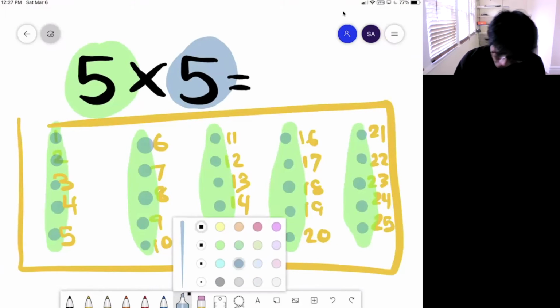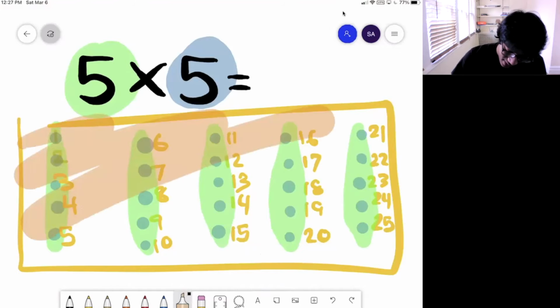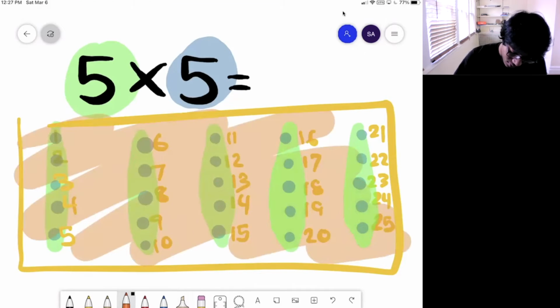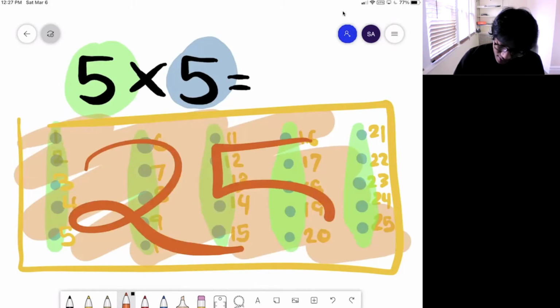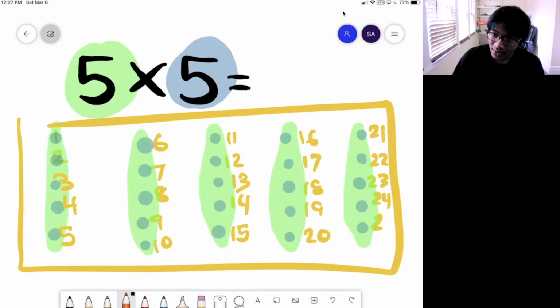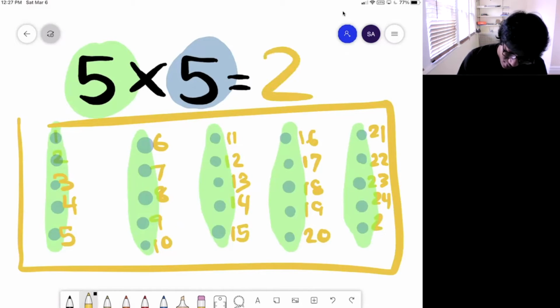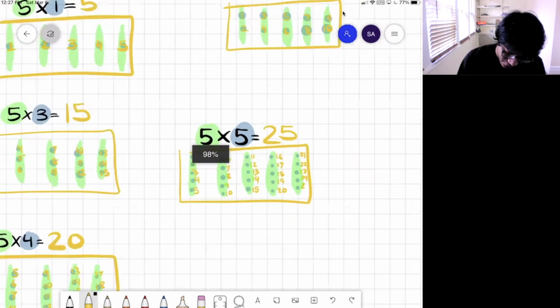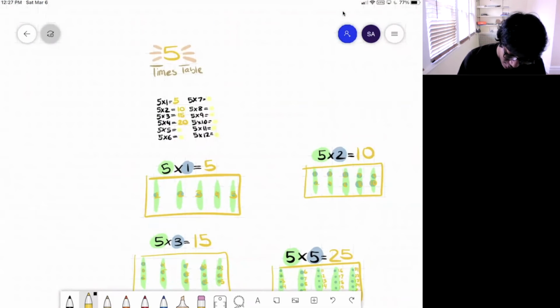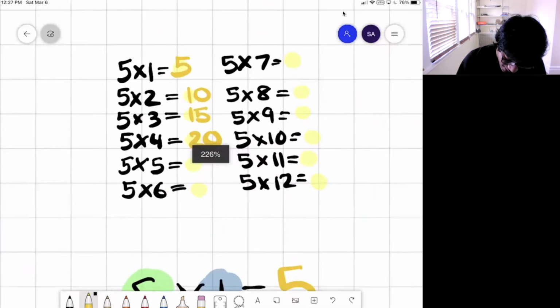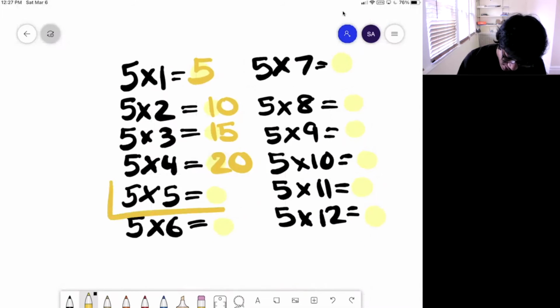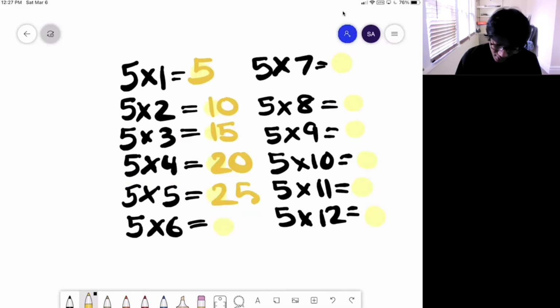And so, how many dots in this whole shebang? We got 25. And so we can write that 5 times 5 is going to be 25. So let's go back to our table. And now we can write that 5 times 5 is just going to be 25.